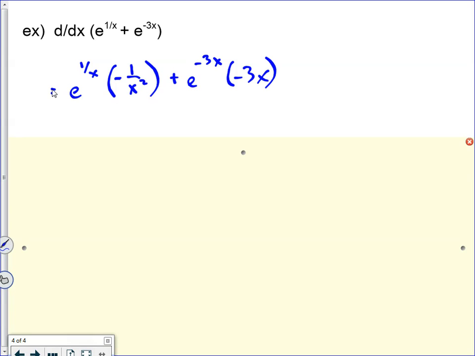Now it's time to clean up the mess. So we have here negative e to the 1 over x, over x squared, and minus 3 e to the negative 3x. Now it looks beautiful.